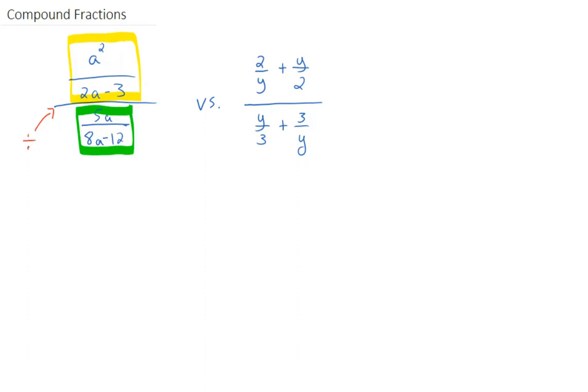However, if we look at the second monster over to the right, it's a little bit more complicated. The numerator is not one big fraction. Instead, it is two fractions being added. And similarly with the denominator, it is two fractions being added. They do not have one single fraction bar holding them together.